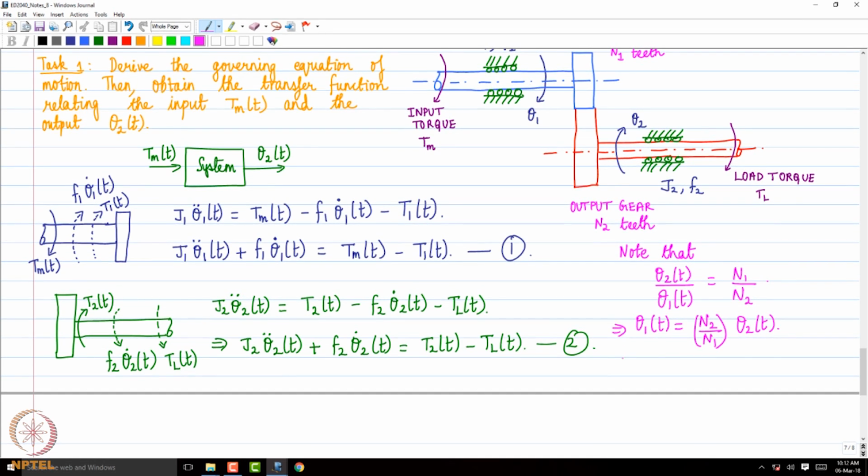So, this implies that I can write theta 1 dot as N2 by N1 theta 2 dot, right?